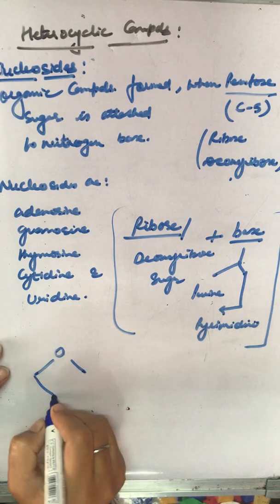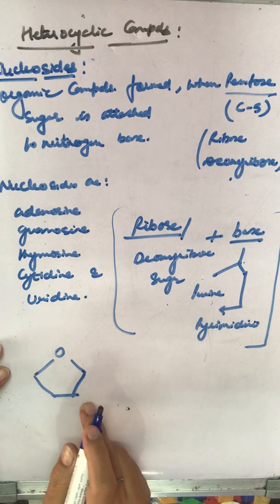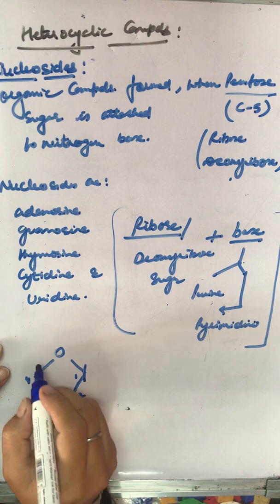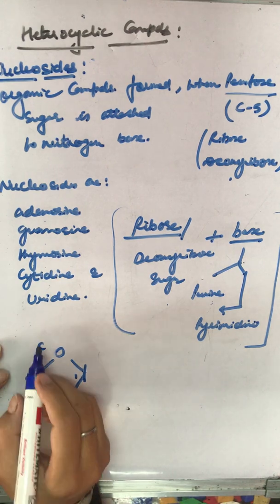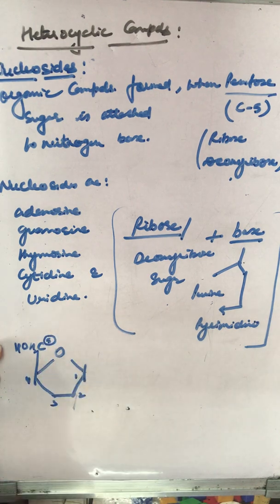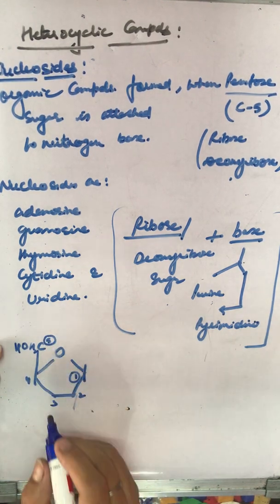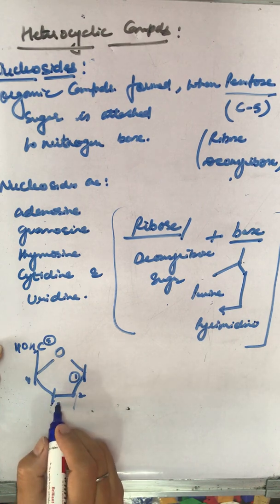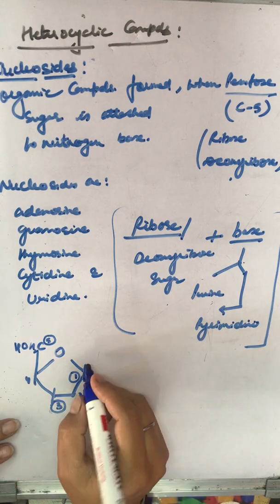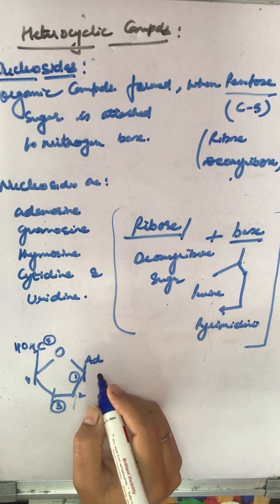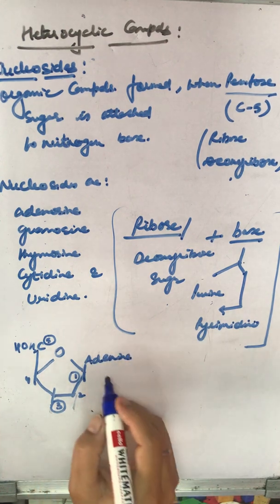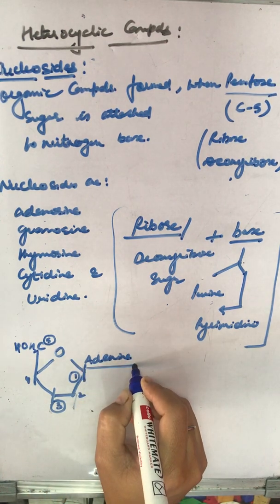So, moving to the structure of adenosine. It's a 5 carbon compound where 1, 2, 3, 4 and the fifth one is here, CH2OH, fifth carbon. Alright, first carbon, fifth carbon and third carbon, these are the prime carbons which are responsible for its structure as well as for attachment, for bonding. Adenine is the base which is present here.